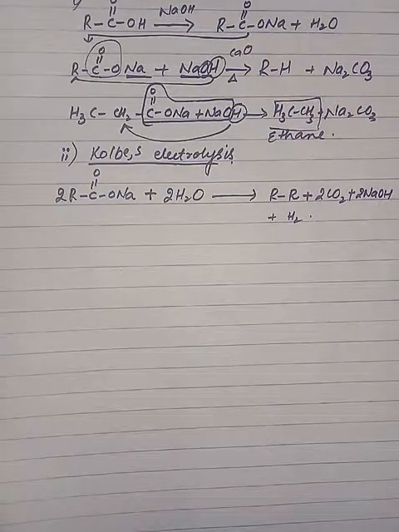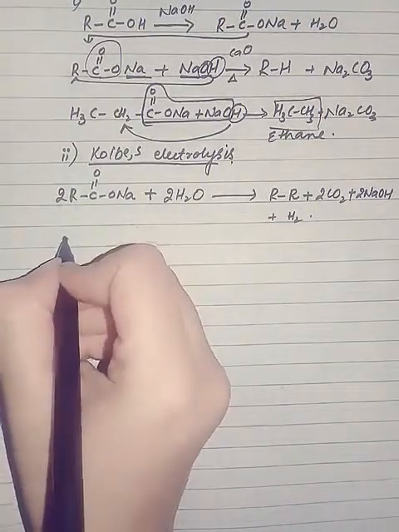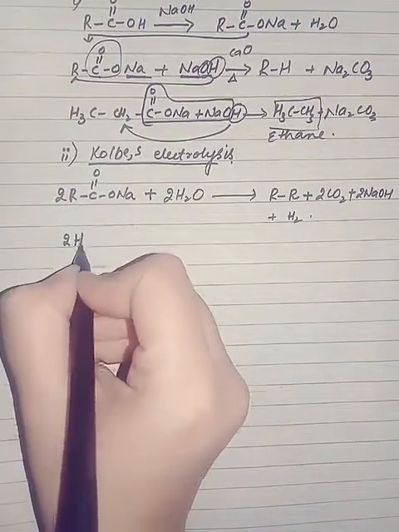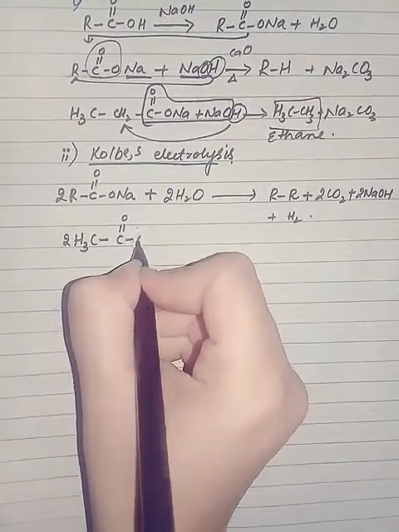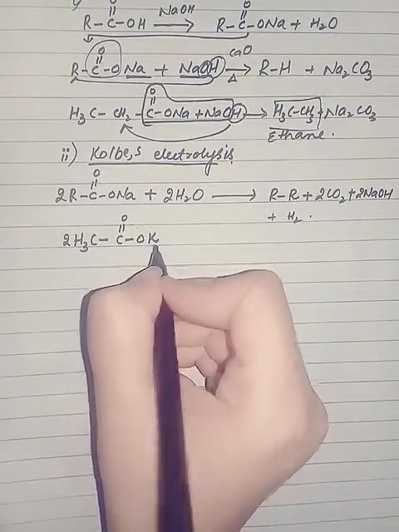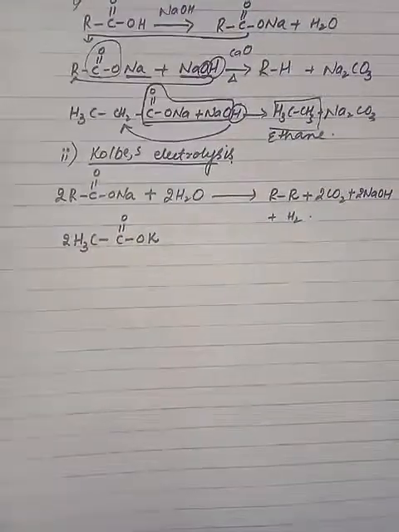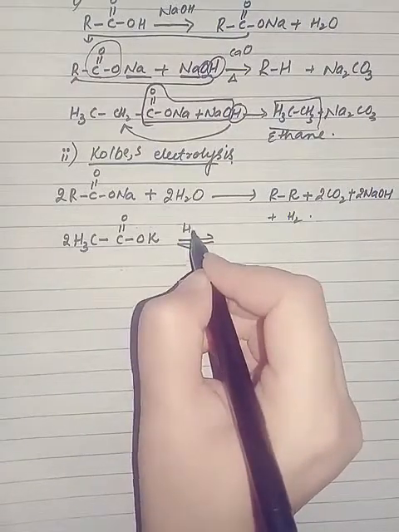We will take the example of a potassium salt. When we take the potassium salt of acetic acid, we are taking acetic acid as an example because this is a very simple acid, and now we have potassium in place of sodium. So here is water.